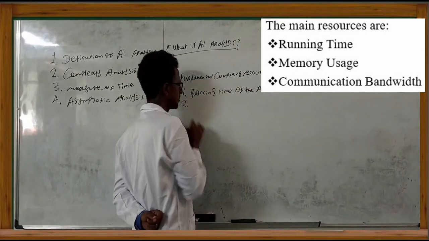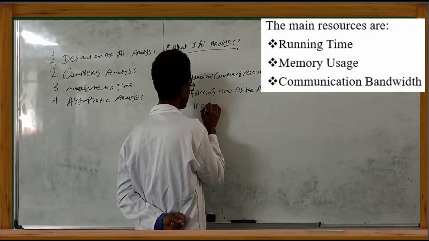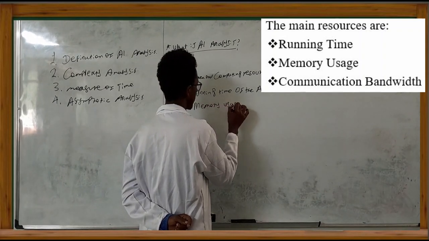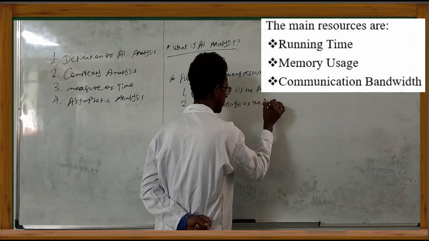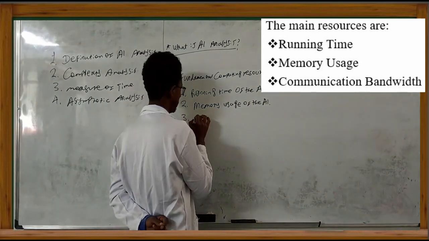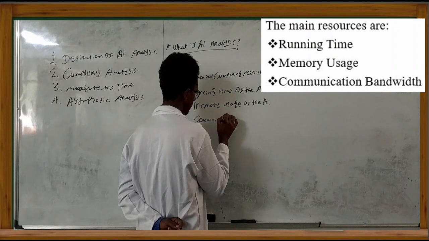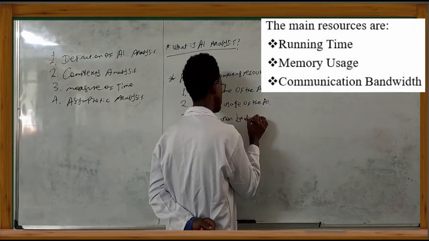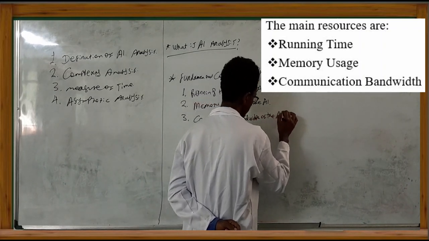The second one is the memory usage of the algorithm. And the third one is the communication bandwidth of the algorithm.